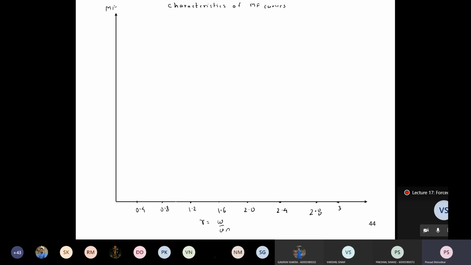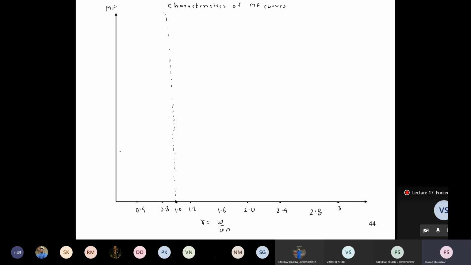Somewhere between 0.8 and 1.2 will be 1. So I am going to draw a vertical line corresponding to r equal to 1, and as we discussed, when r is equal to 1, that corresponds to resonance. So that's why this is significant.